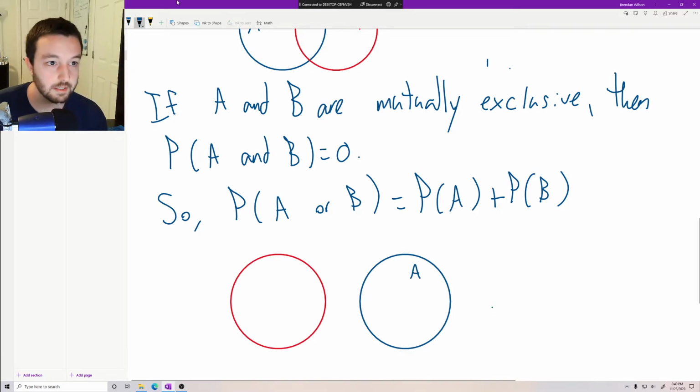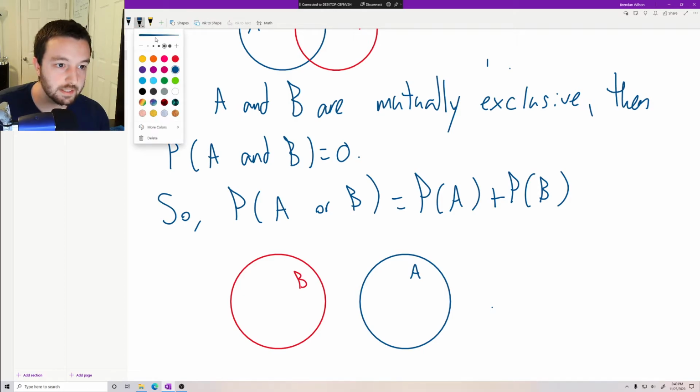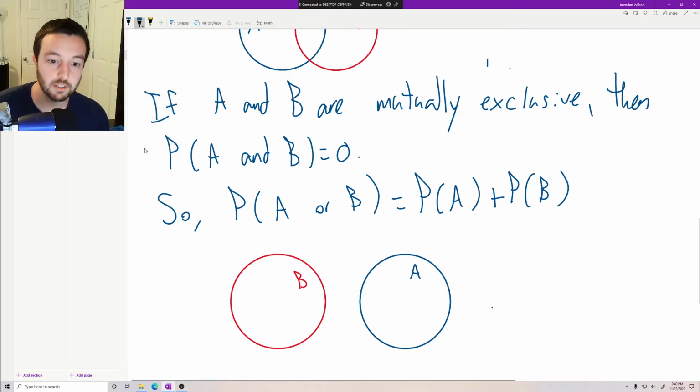I guess I had A as the blue one before, B is the red one. If two events are mutually exclusive, that means that they don't have any overlap at all. So if we were looking at a Venn diagram, there's no overlap. They're just completely separated like this. So we just do the probability of A plus the probability of B, and we don't need to worry about counting part of it twice. So we don't have to worry about subtracting it off because there is no overlap.